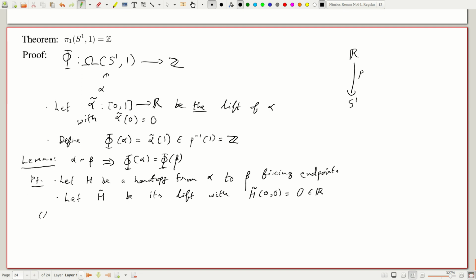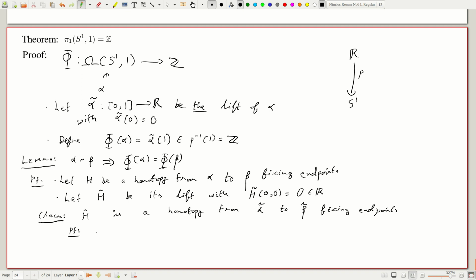Now here is the claim. We'll be using similar arguments many times. The claim here is that H tilde is a homotopy from alpha tilde to beta tilde, of course fixing endpoints. Fixing endpoints we already saw, because we saw the lift of a homotopy that fixes endpoints. How do we know it is from alpha tilde to beta tilde? So the proof of the claim is the following.